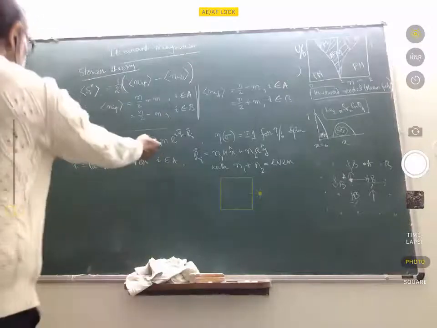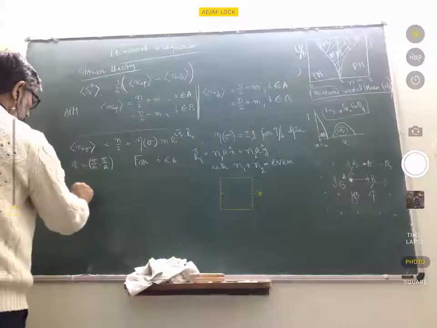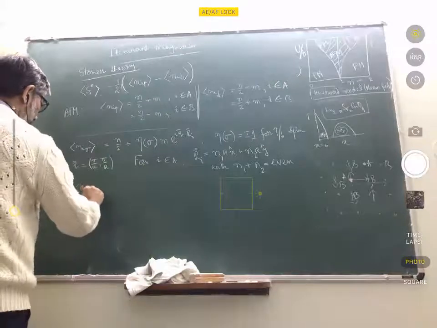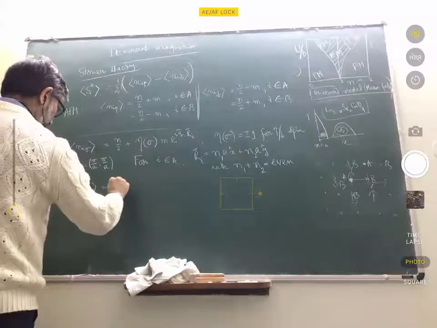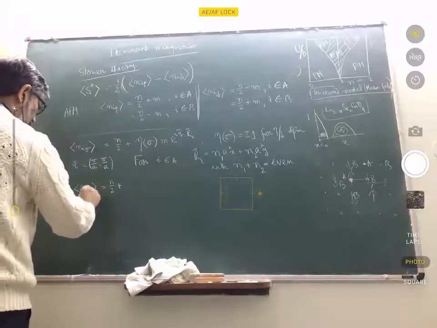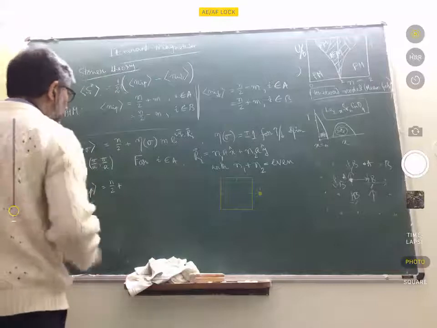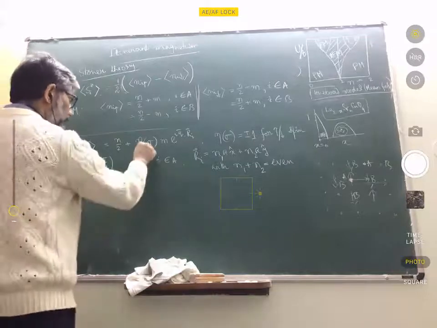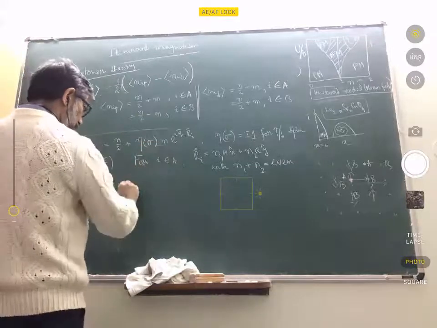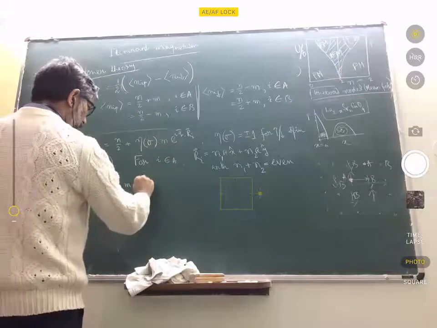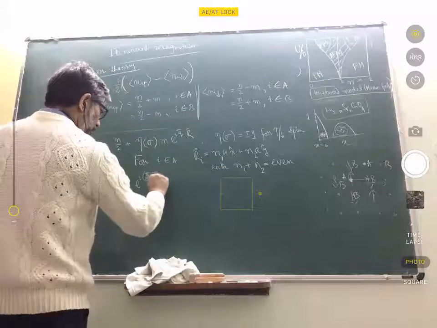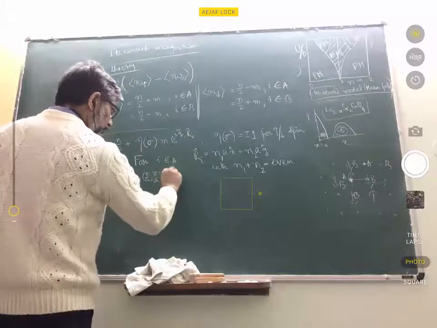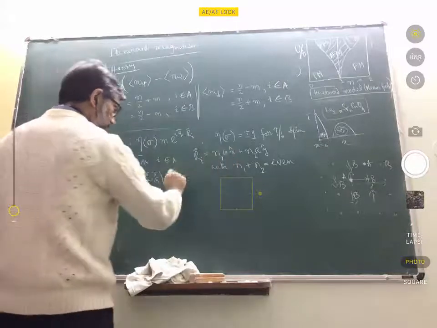So now let us see what we get here. If I do it for upspin, I get n over 2 plus m e to the i pi over a dotted with this vector.